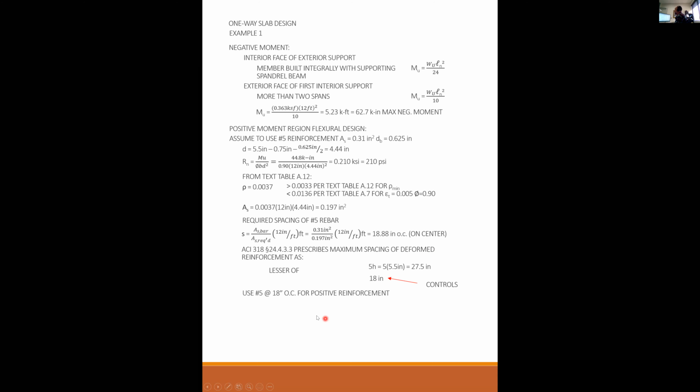So we're going to specify, and again, remember what we're doing is our positive moment. So for our positive reinforcement, we're going to say number 5s at 18 inches on center. And when they build this thing, they can put them closer together if things get scrunched up or whatever, but they cannot space them any further than your design of 18 inches on center.